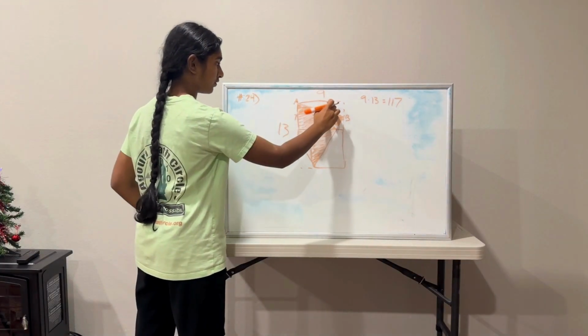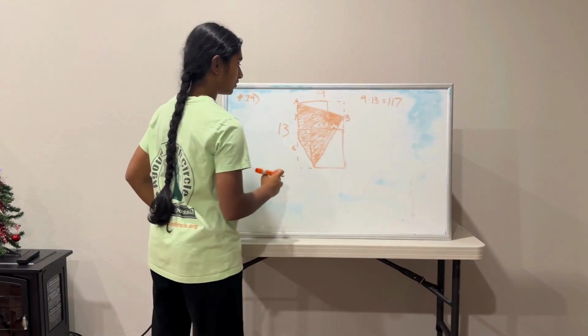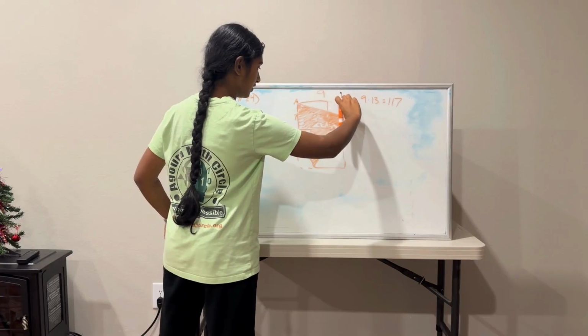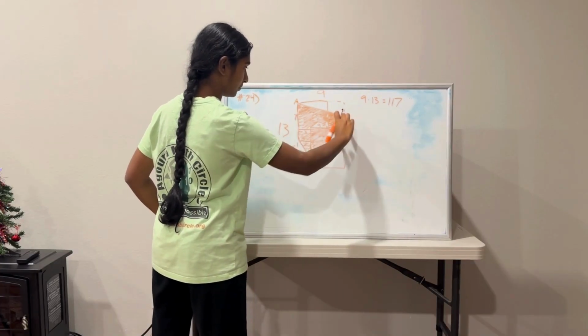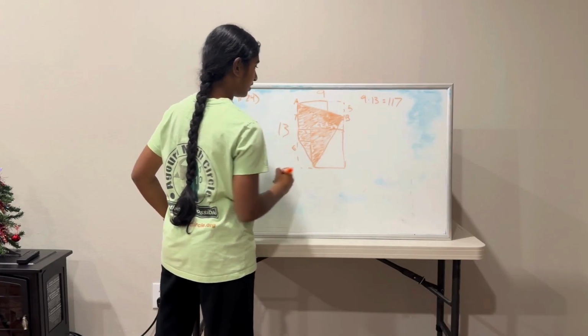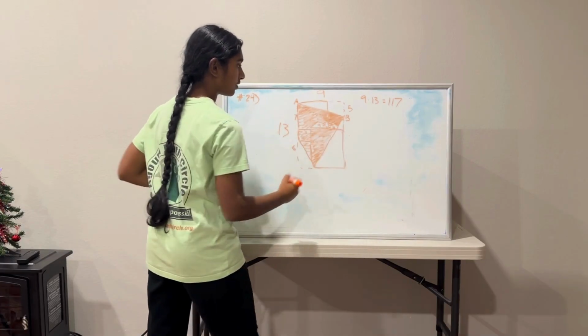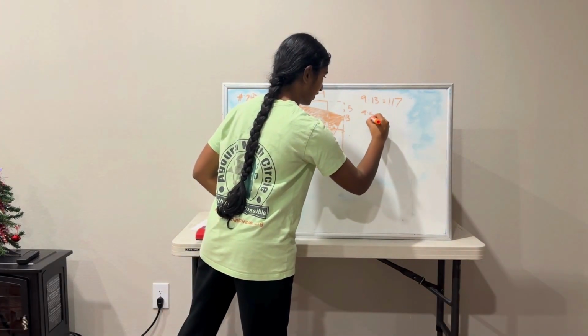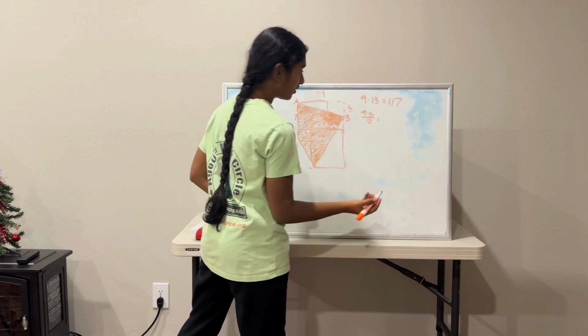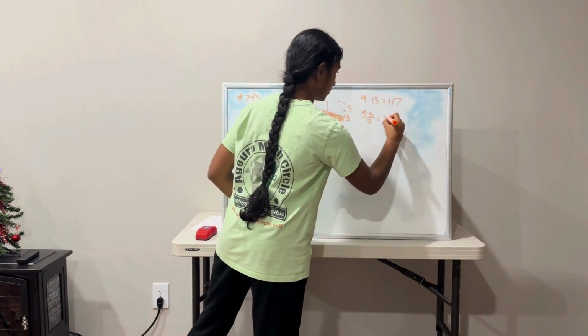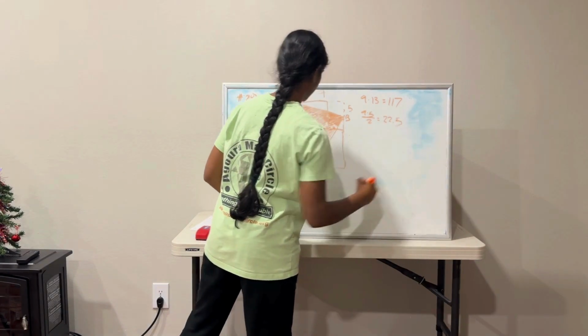Now, let's find the area of this triangle. That would be this over here would be 7 minus 2, so that's 5. And this is 9, so we have 9 times 5 over 2, which is 45 over 2, which is 22.5.